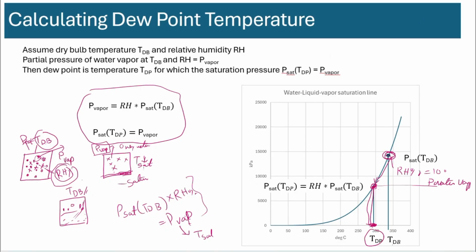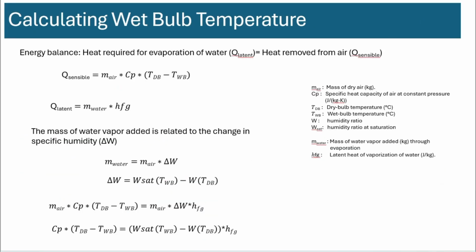The next item is the wet bulb temperature. Here it's a little bit more tricky. In this case, a heat balance or energy balance is required to balance the sensible cooling of air with the latent heat of evaporation of water.